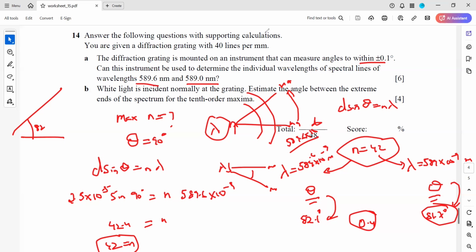We have to compare the maximas because maxima is the criterion, the maximum number which we can have. When the two waves pass through the slit, they spread, so we can compare their diffractions and estimate according to the instrument. Because for individual n equal to 1 it cannot be compared, but for n equal to maxima, yes, it can be compared as there is a difference in the maxima angles.